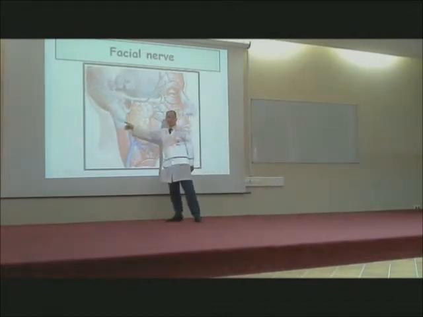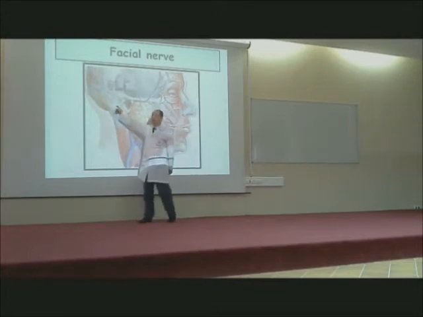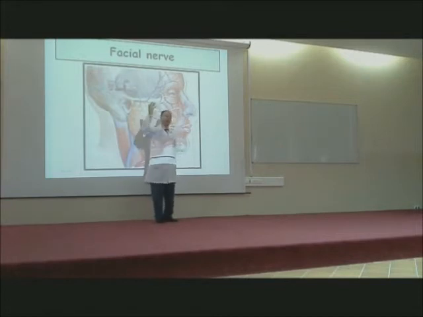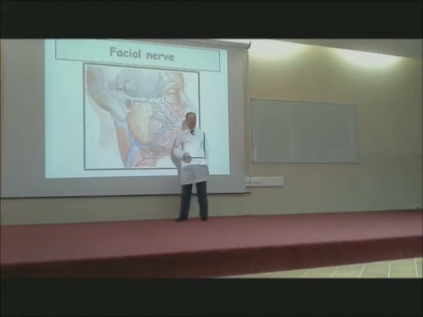Immediately below the stylomastoid foramen, it will give a branch which runs behind the auricle to supply muscles of the skull behind, which is occipitalis, and 2 of the muscles of the auricle, as we will see today. And then it goes inside the parotid gland. Finally, it gives these 5 terminal branches.